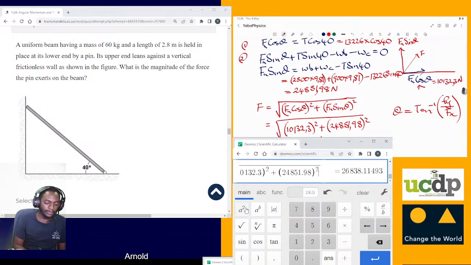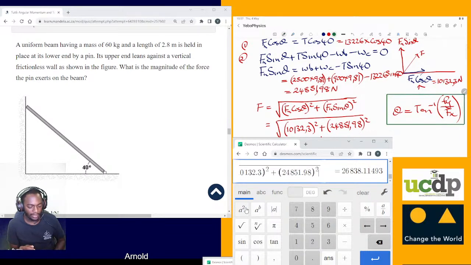All right, so I will not calculate this. You will satisfy yourself that you get the answer that has been mentioned. After you've obtained your vertical component and the horizontal component, finding the resultant magnitude will not be a challenge, and finding the angle also will not be a challenge.